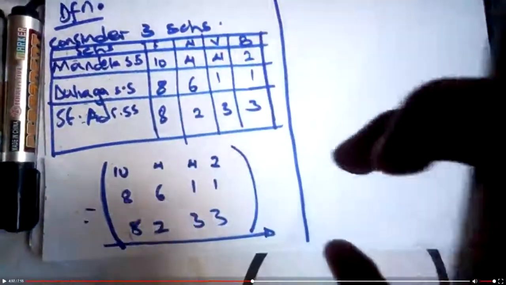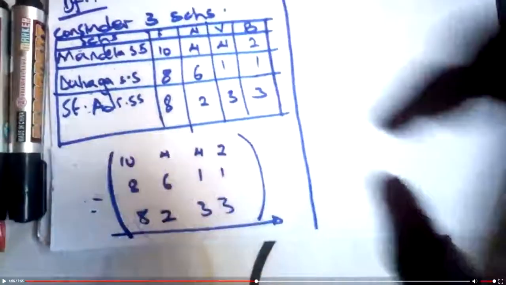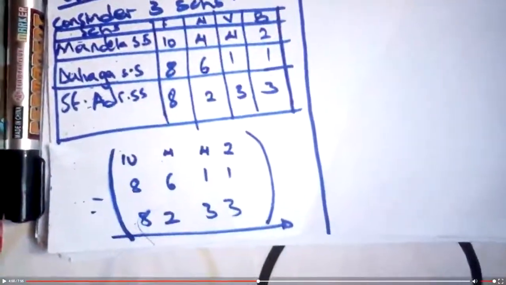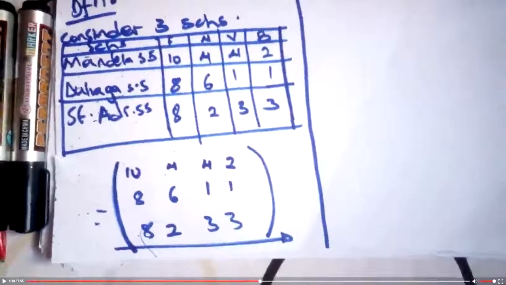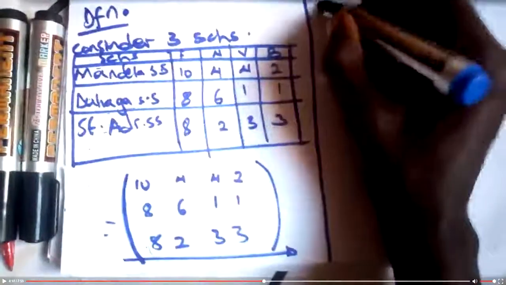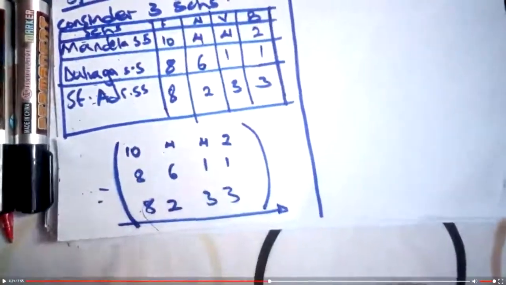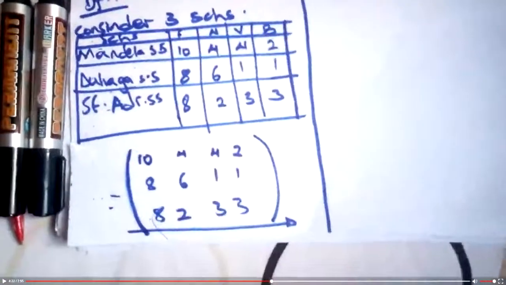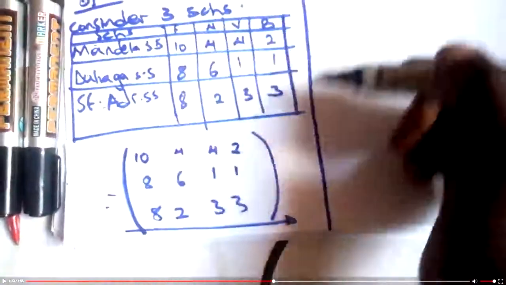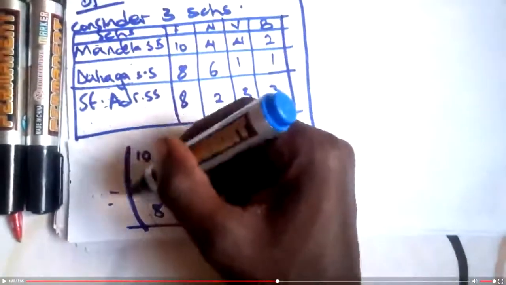Now, this is a matrix. It is a rectangular collection or a rectangular representation of information which is in form of numbers. It is in form of numerals. Now, it implies that the definition of a matrix can easily be a rectangular representation of information in form of numbers. So this information here is represented here in form of a rectangle.